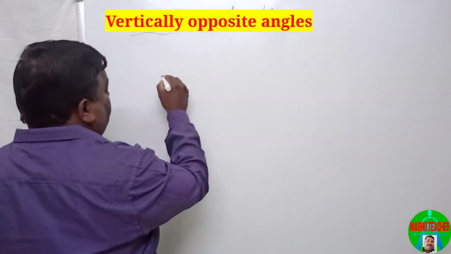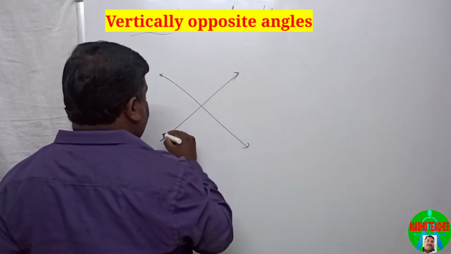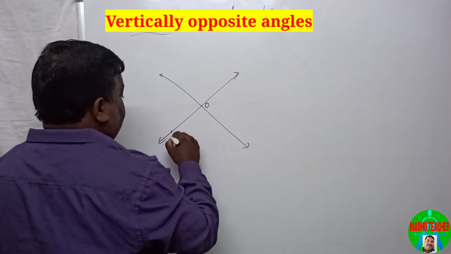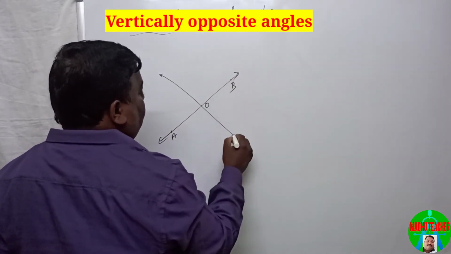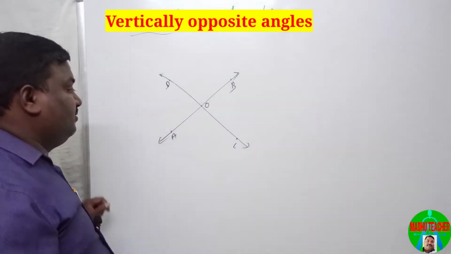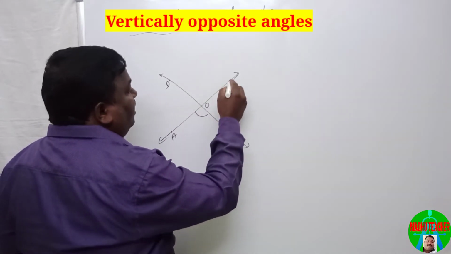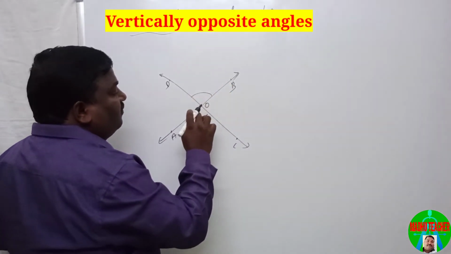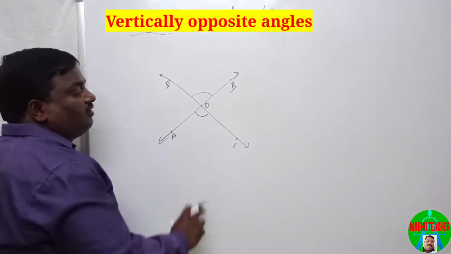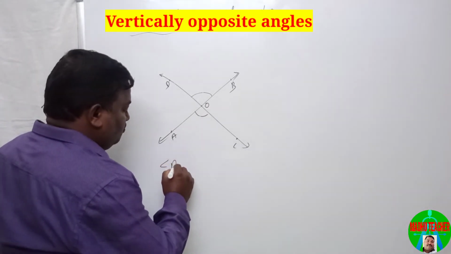Suppose two lines are intersecting at a point. Let it be O. So it is line AB and it is line CD. Then angle AOC and angle BOD are called vertically opposite angles, or simply vertical angles.